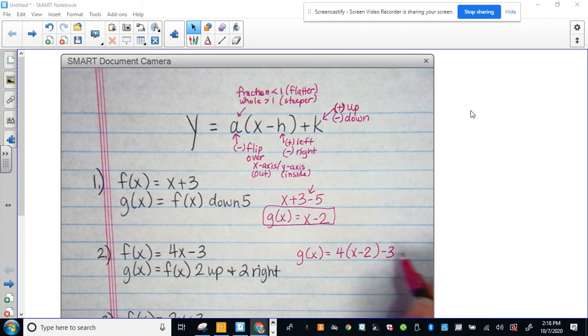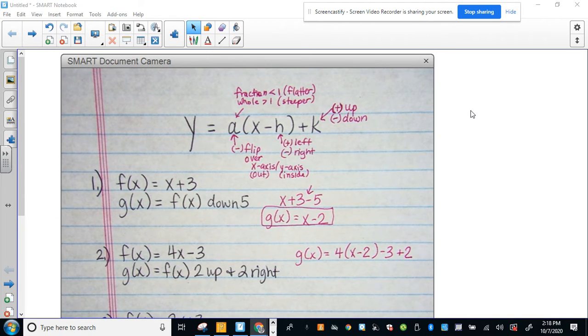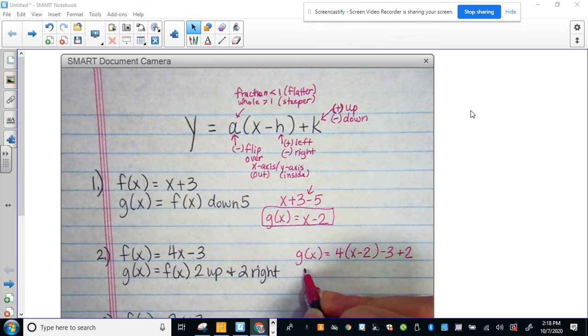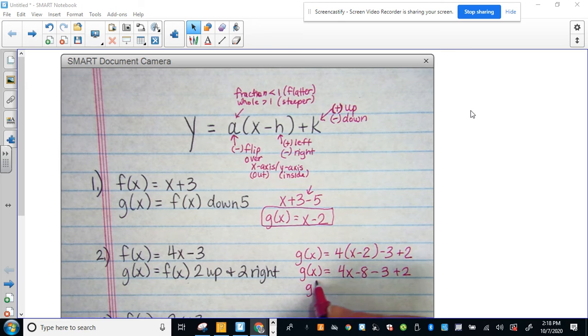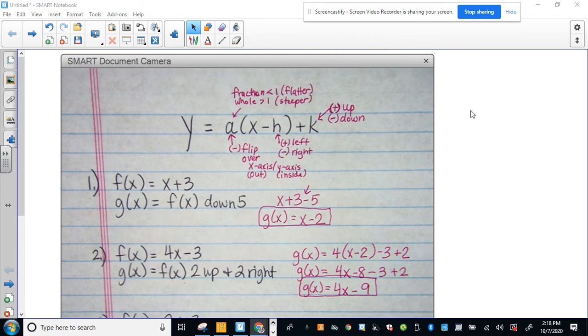And then go ahead and keep that minus 3 normal, but then the 2 up means I'm going to add 2 to it as well. So this is what's going to happen now. We're going to distribute and solve it. So g of x equals 4x minus 8 minus 3 plus 2. So g of x equals 4x minus 9. That's after the move.